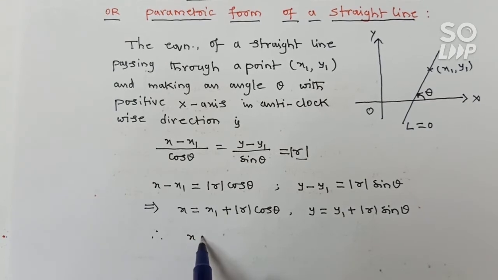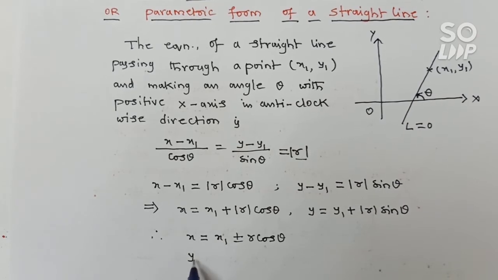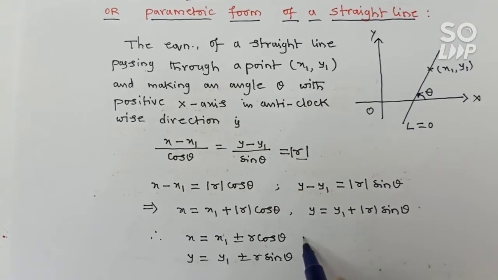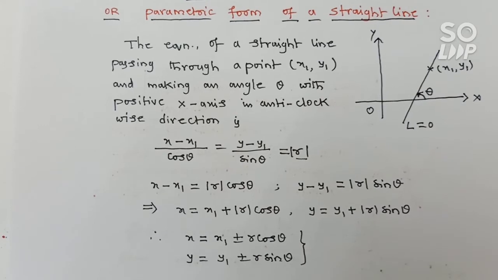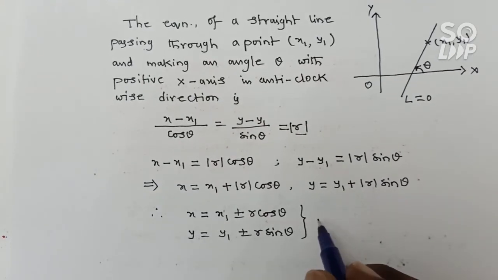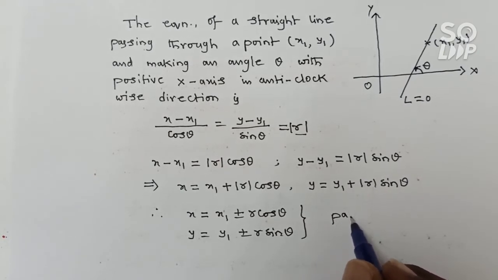Therefore, x is equal to x1 plus or minus r cos theta, comma y is equal to y1 plus or minus r sin theta. These two are called parametric equations of a straight line.